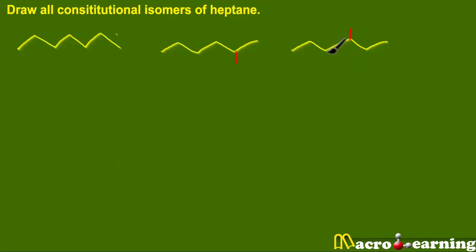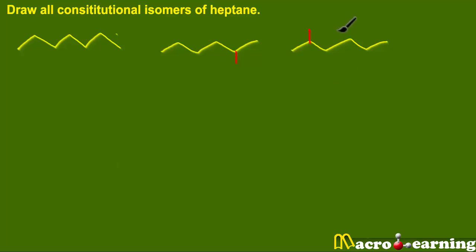If you wonder why it couldn't be here, would that be another isomer? No, it's not, because that would be the same isomer as this. Or can you put it here? Would that make it another isomer? No, because that would be the same isomer as the 2nd isomer.